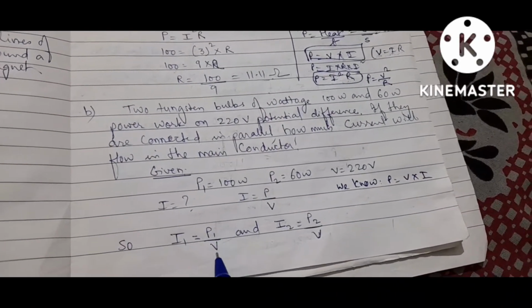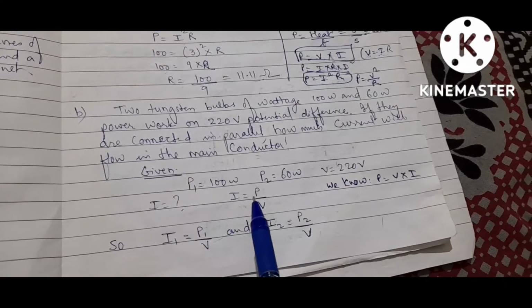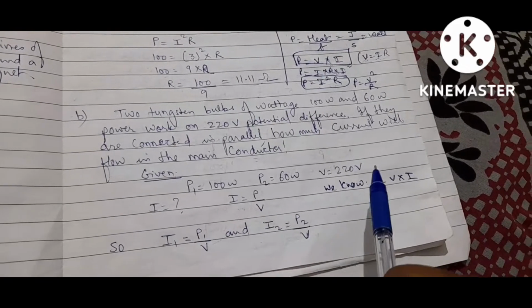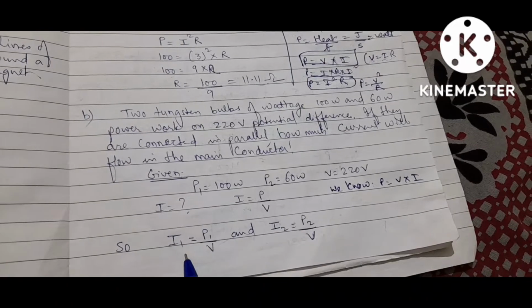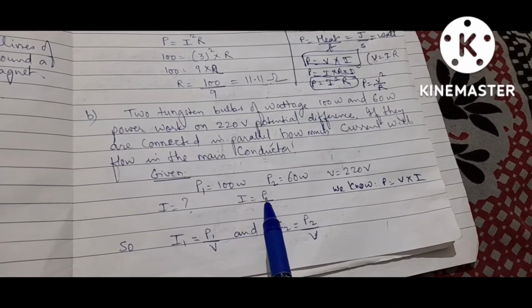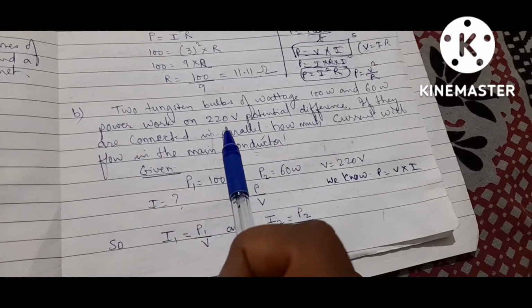This is the general formula, I is equal to P upon V. V is common for both; voltage is single.